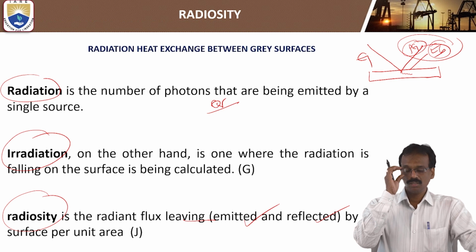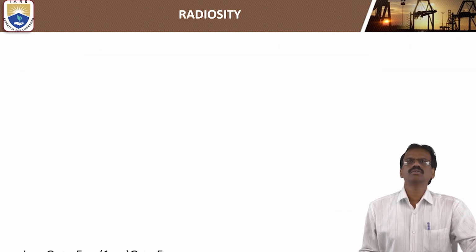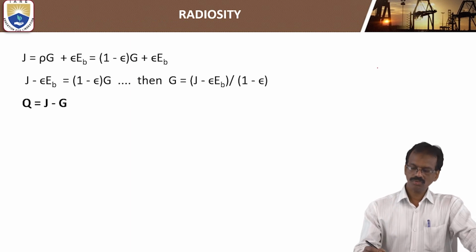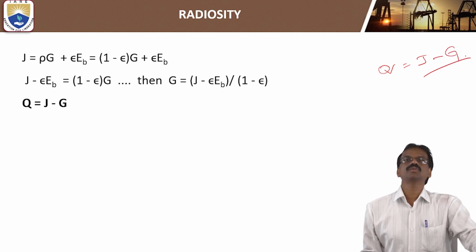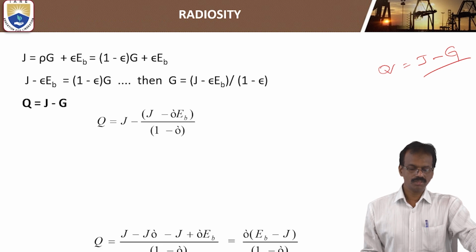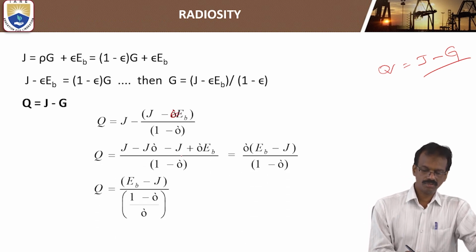We already discussed the relationship between radiation, irradiation and radiosity, and we derived the formulas. The rate of heat transfer Q is equal to radiosity minus irradiation.